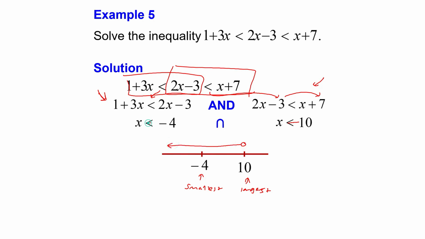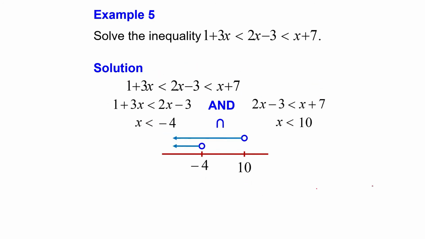Also the same thing here, the arrow is going to the left and there's no equal sign here, so it's just open circle and to the left. And here "and" means intersection. That means we have to find their intersections. So between these two, you can just combine them and find the intersection which is less than negative 4. So that's your final answer. You can also write in terms of interval form.